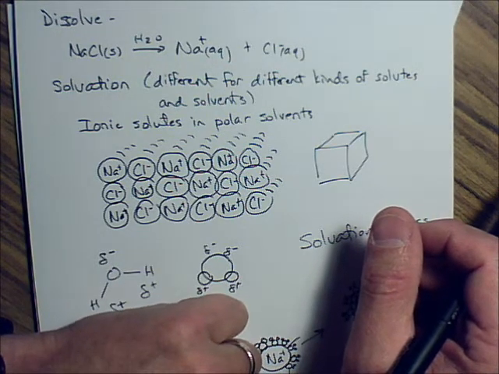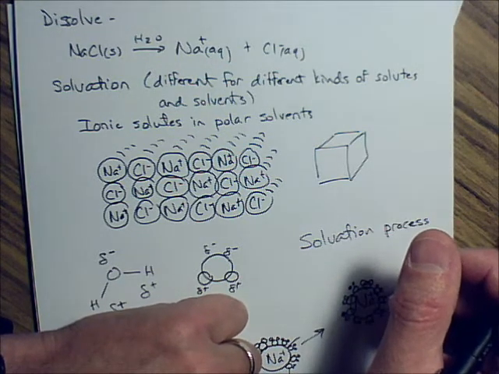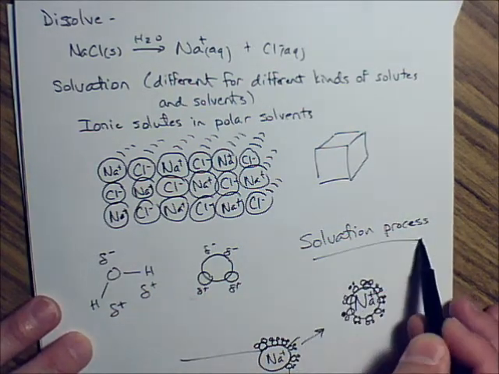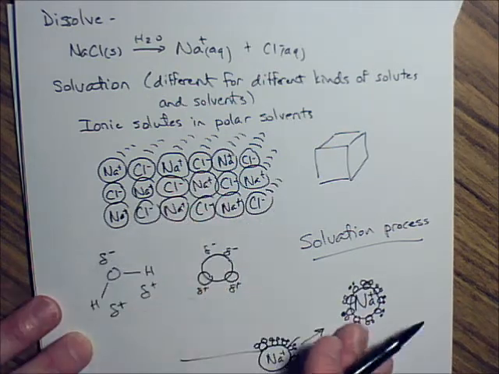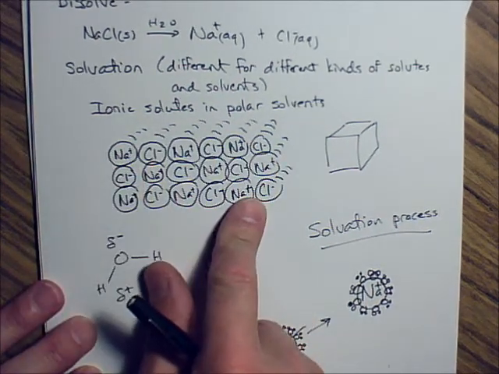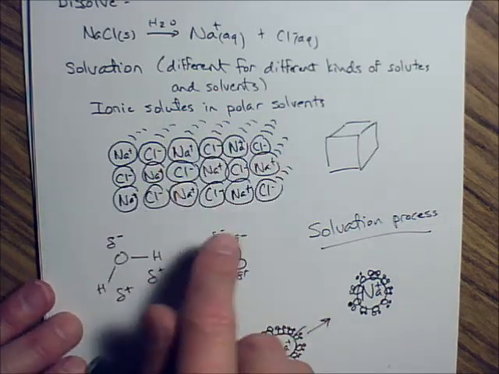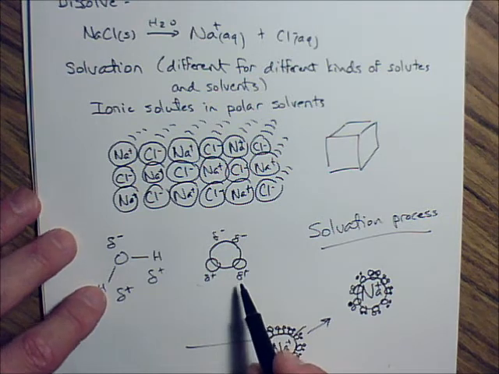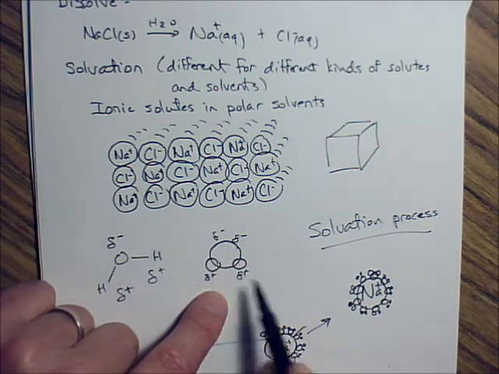When you say it, would that be like not describing it good enough? Well, if you're describing the solvation process, you have to describe the whole process. Okay? You have sodium and chloride forming this structure, making a crystal. You have oppositely charged ends on a water.